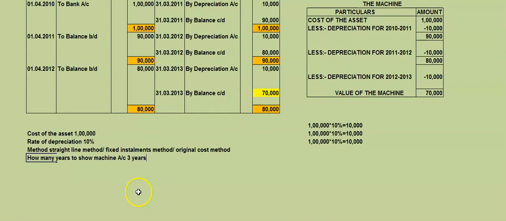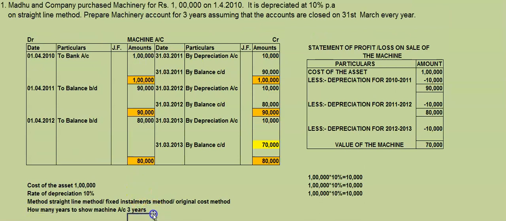So these are the points you have to keep in mind before starting the problem. Cost of the asset is 1 lakh. Percentage of depreciation is 10%. Method we are following is straight line method, and the number of years you have to show the machine account is 3 years.